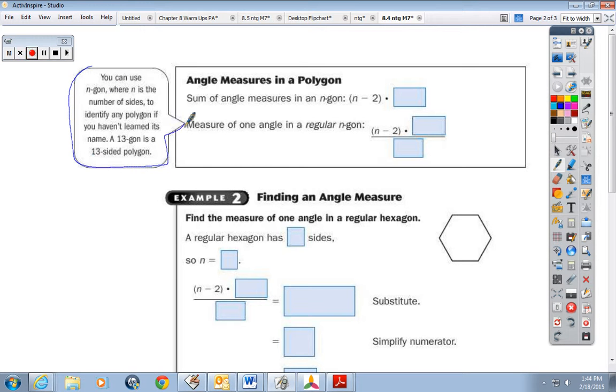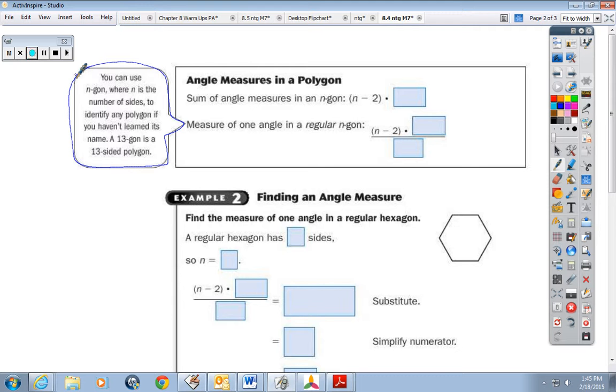It says you can use an n-gon, where n represents the number of sides, to identify any polygon if you haven't learned its name. Beyond octagon, I don't know that they're named. If it's a 9 or 10 or 11 or 12 or 51, there's no name for a polygon that has 51 sides.